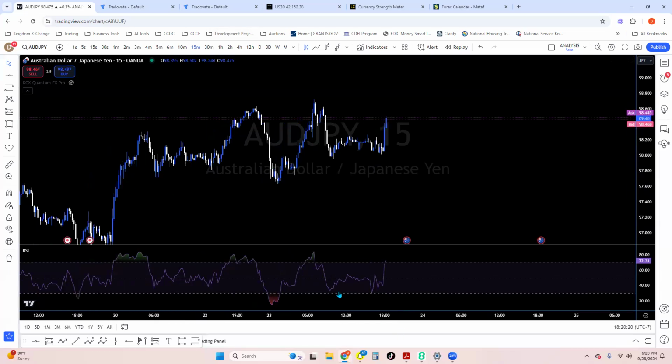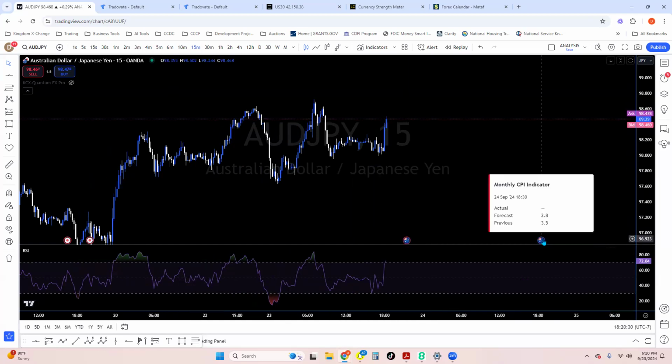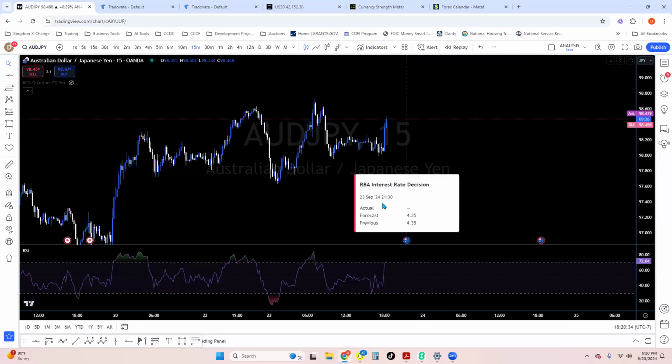Okay, no. Also, you guys know that you can put these little things here, which tell me that there's a red folder for this pair. They come up only on the pair that they affected. So this is telling you at this time, September 24th at 21:30 hours, that this red folder is going to hit on this pair, and it'll have the flag of the country.